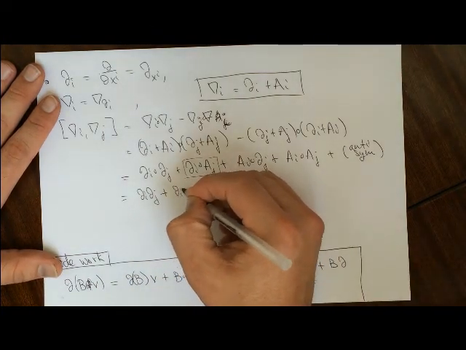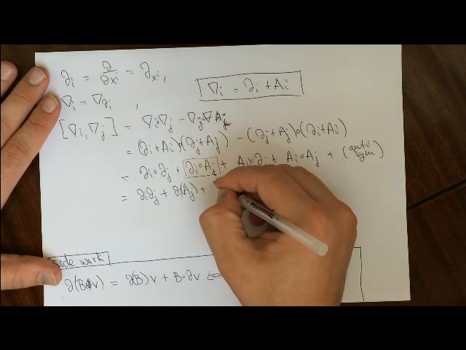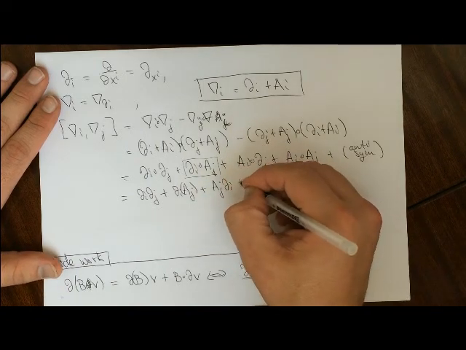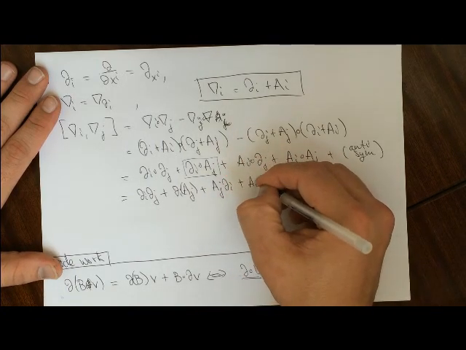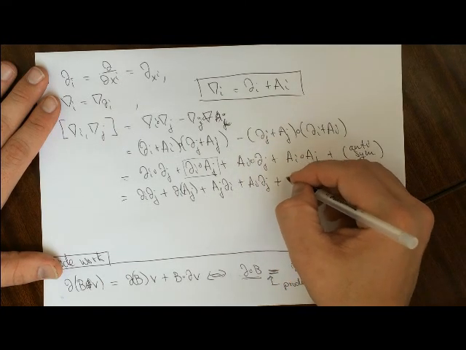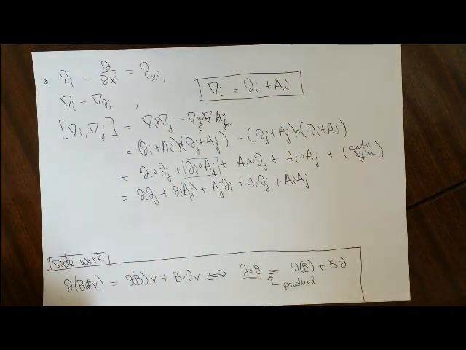We have (d_i a_j) plus a_j d_i, plus now this one's just a_i d_j, and then we have plus a_i a_j.